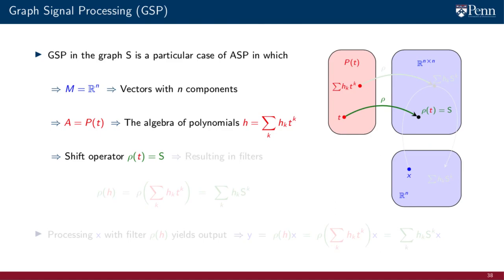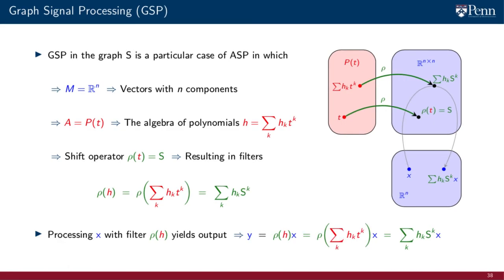The mapping to the space of endomorphisms is accomplished by mapping the generator T of the algebra of polynomials to the sheaf operator S of the graph. This results in filters expressed as polynomials in the sheaf operator S, which is, indeed, the object we have called a graph filter. The result of applying this filter to a signal X is simply the multiplication of the polynomial on S with the signal X.